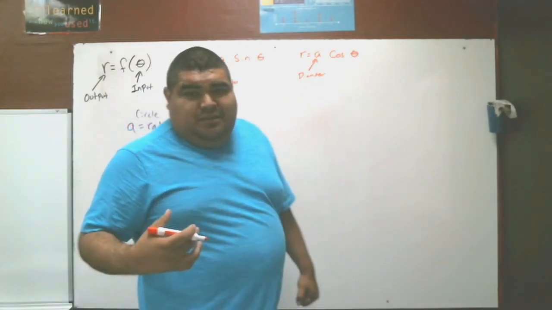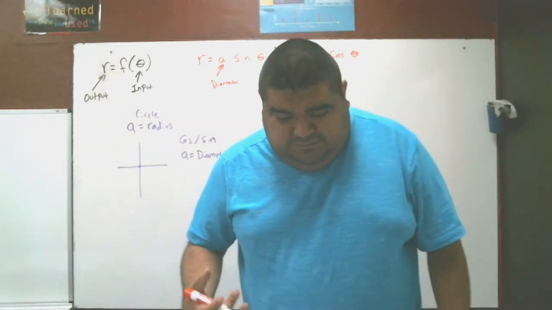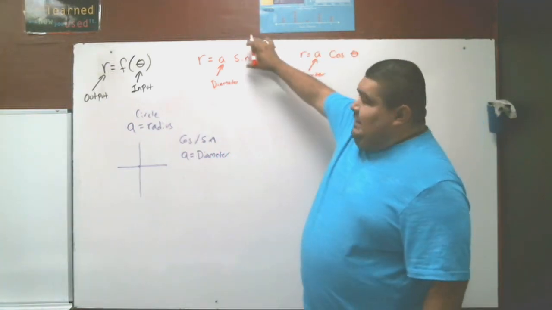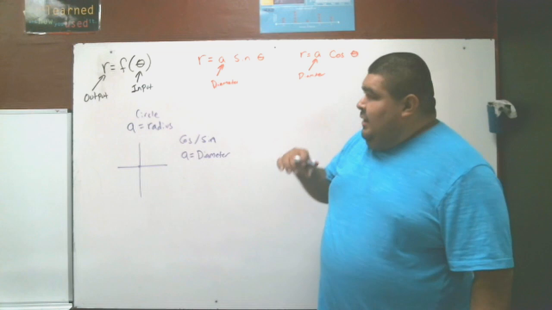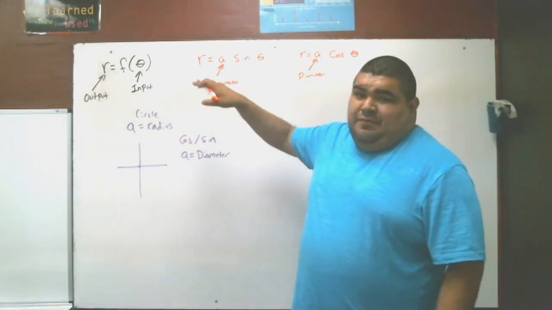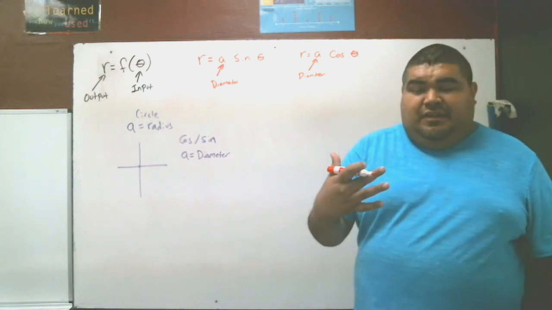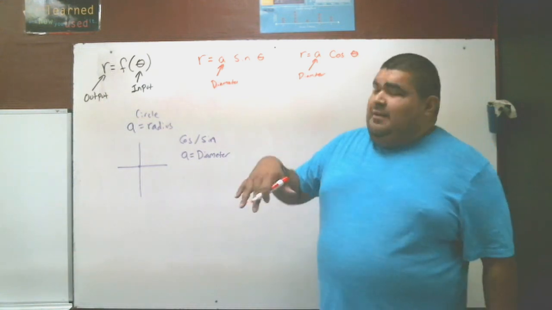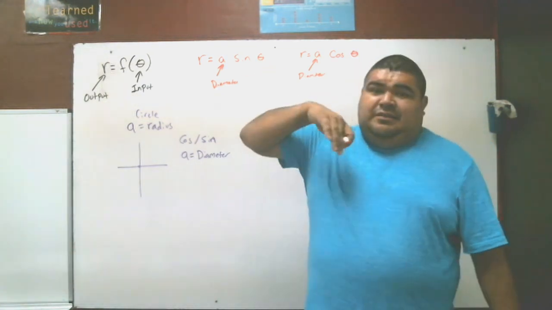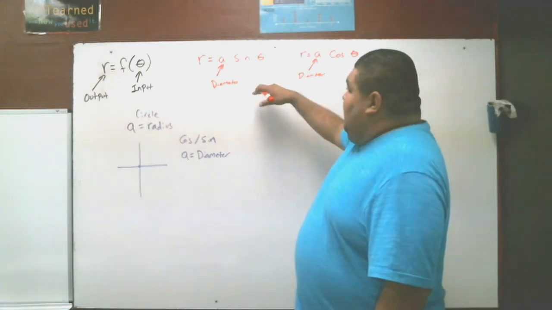Since we're only dealing with the parent graph, that's all we're going to deal with. We're not going to get into that fancy stuff where you shift it. We're only going to get into the very basics of it.